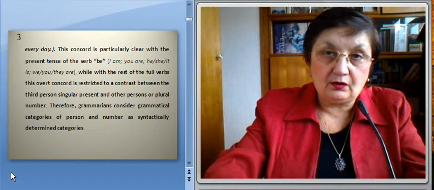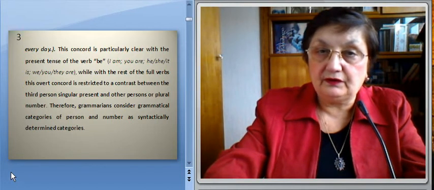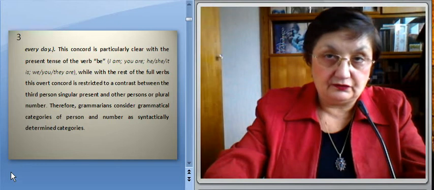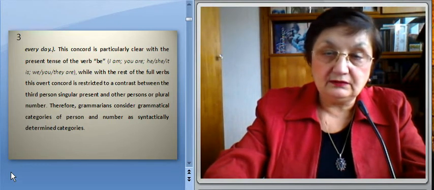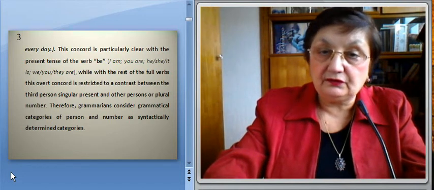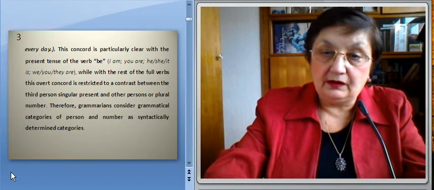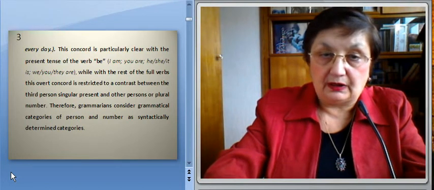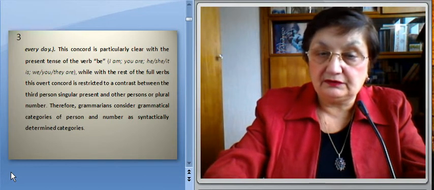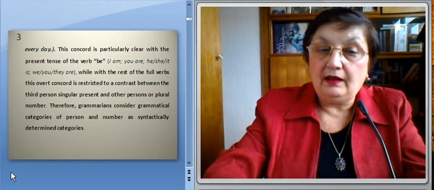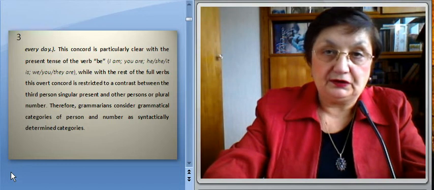This concord is particularly clear with the present tense of the verb be, which is the only conjugated verb in modern English grammar, while with the rest of the full verbs, this outward concord is restricted to a contrast between a third person singular present and other persons or plural number. Therefore, grammarians consider grammatical categories of person and number as syntactically determined categories.